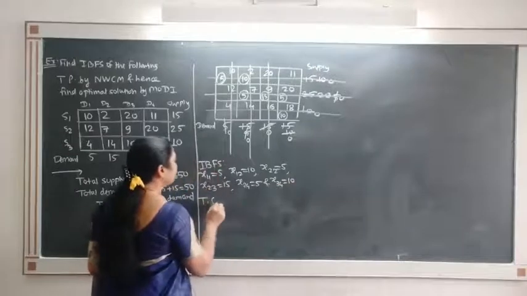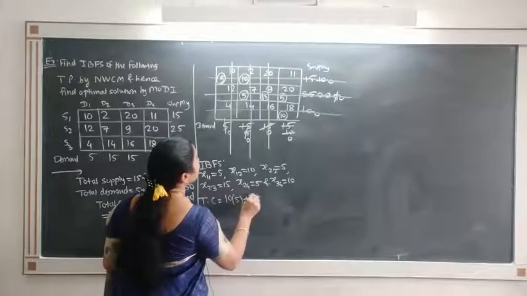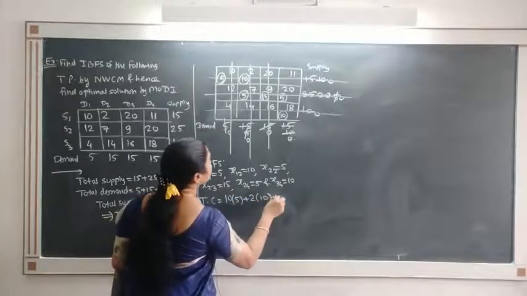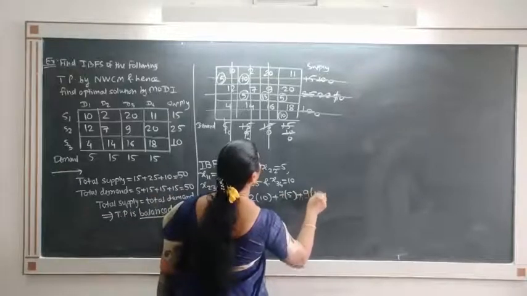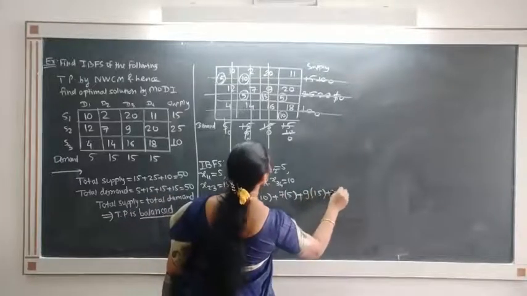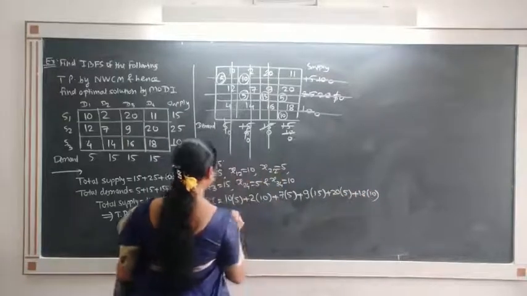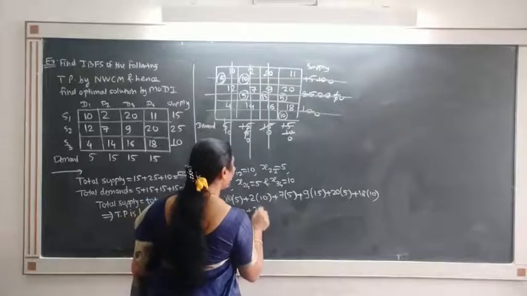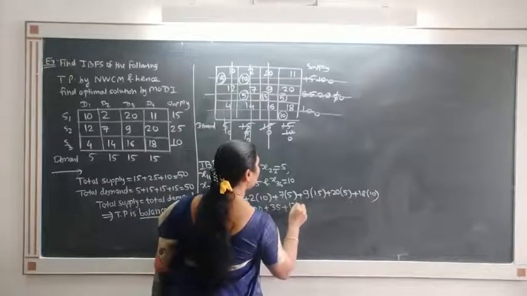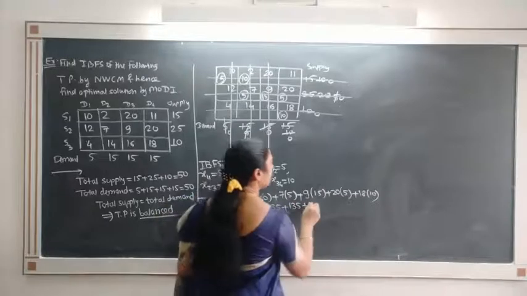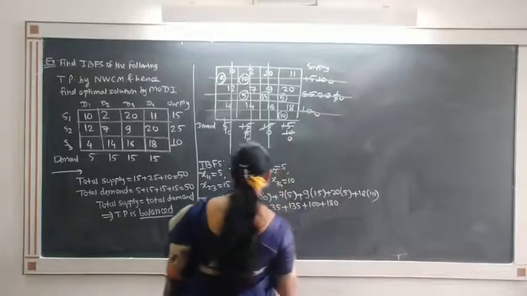The transportation cost comes to be 10 into 5 plus 2 into 10 plus 7 into 5 plus 9 into 15 plus 20 into 5 plus 18 into 10, that is 50 plus 20 plus 35 plus 135 plus 100 plus 180.